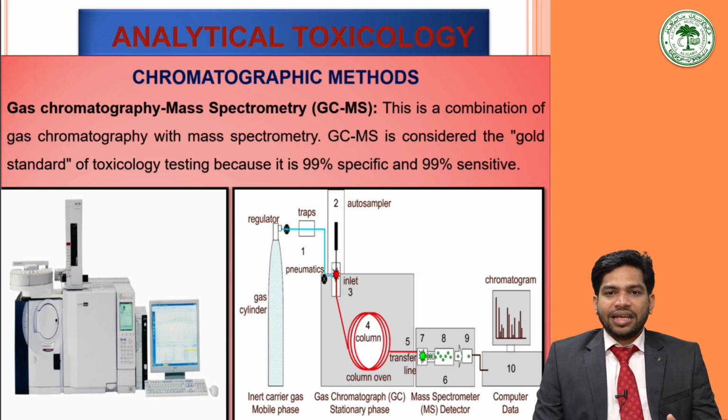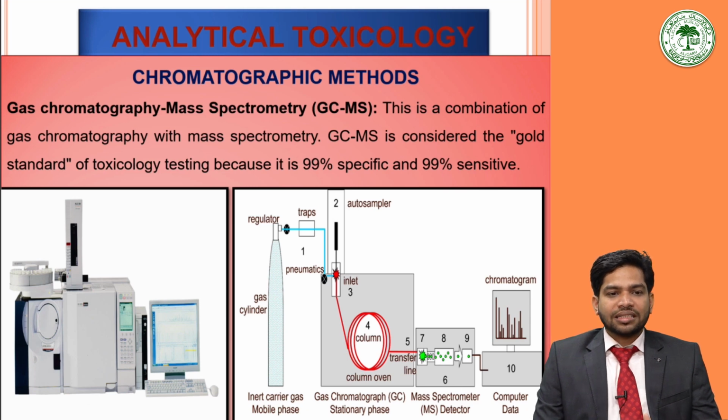Then another variant of gas chromatography is gas chromatography and mass spectrophotometry. As I told you, this combination is considered to be the gold standard, as it is 99% sensitive and specific in detection of the poisons.